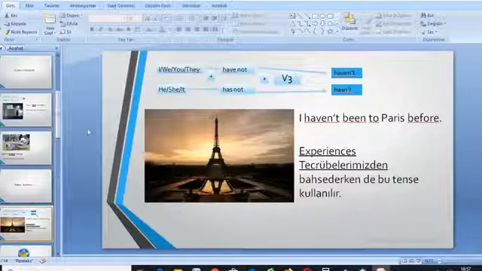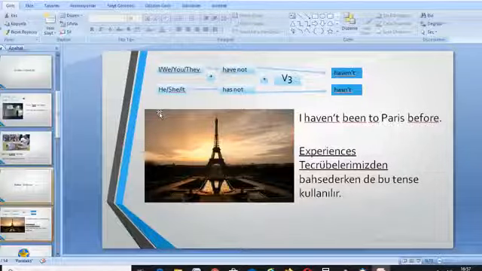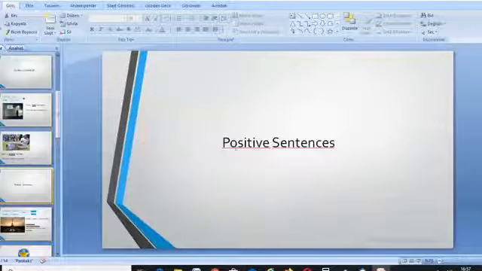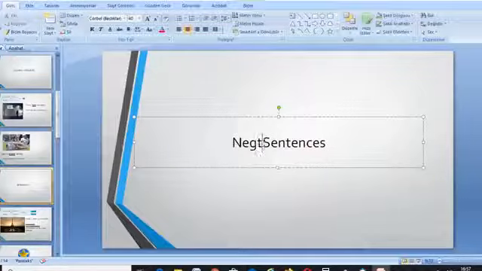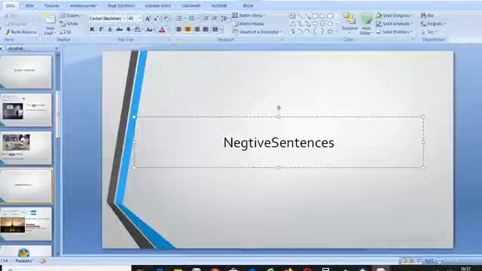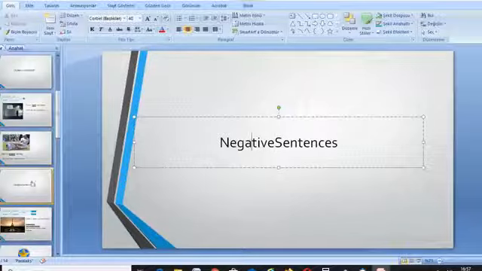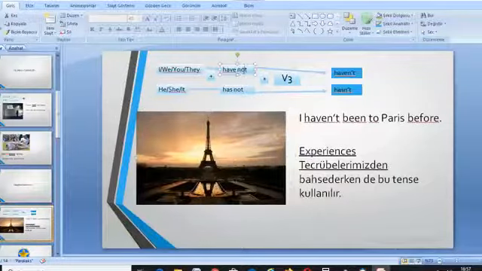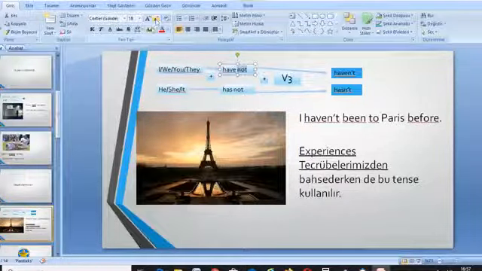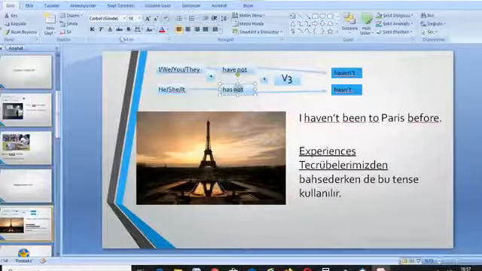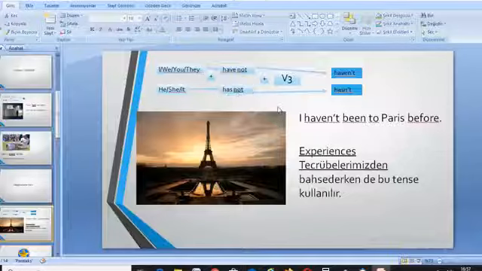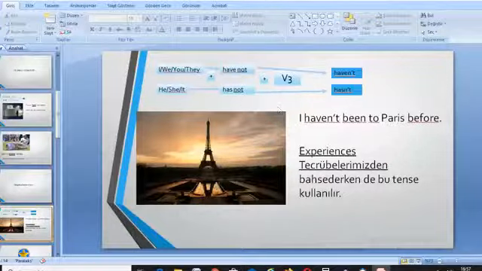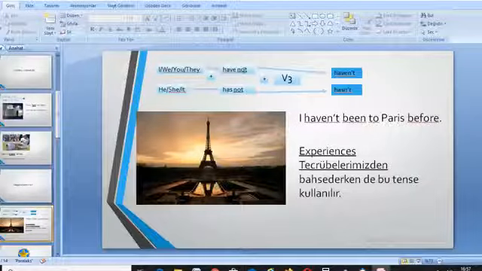Okay, these are positive sentences, and these are not positive. These are negative sentences. Look, in negative sentences, as you know, we use what? We use not, of course. In negative sentences, we use not, and these nots come after have or has.